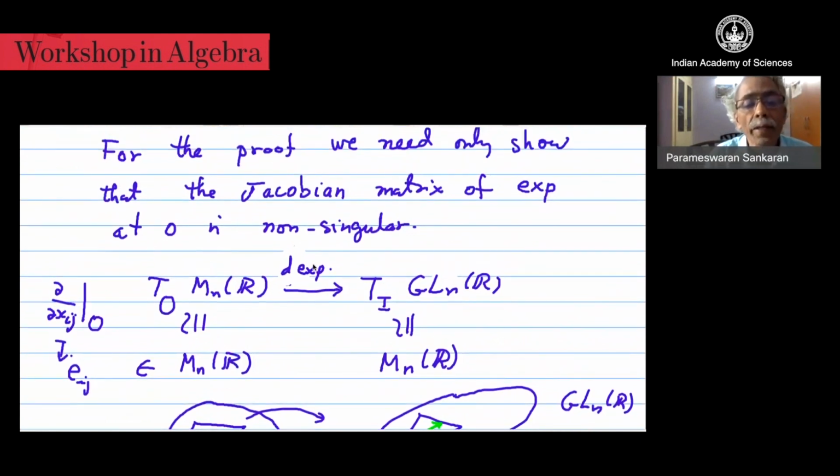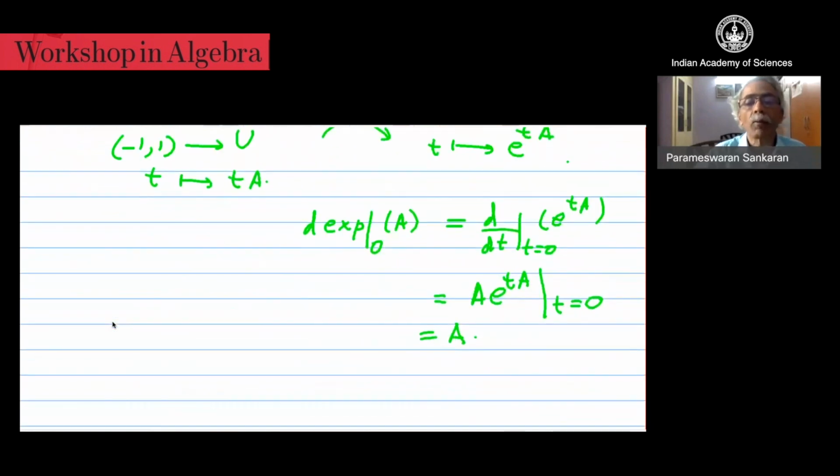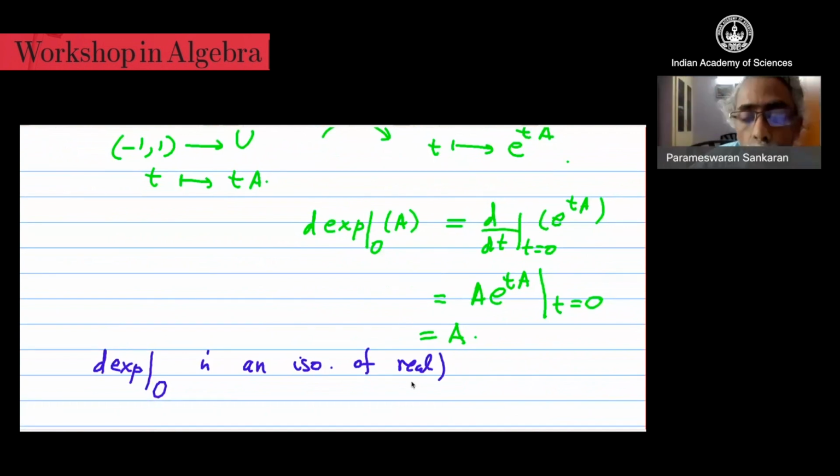This is the same thing as saying that the Jacobian matrix is invertible. In fact, if you write the Jacobian, that is just the matrix of this with respect to these bases, the coordinate vector fields. So to summarize, what this whole calculation shows is that d of exponential at origin is an isomorphism of (real) vector spaces.